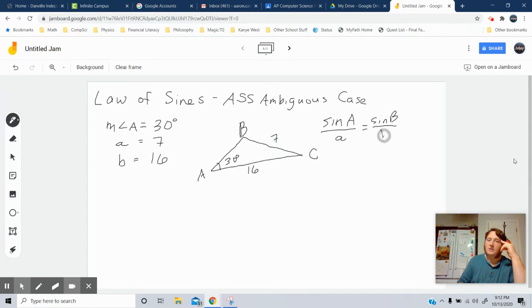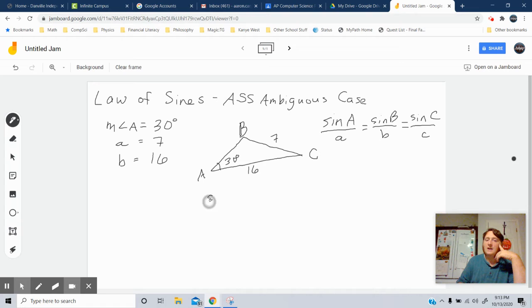You don't use all three parts at once. You think about what you know and try to use two of the three parts to solve. We know side length a and angle A, and we know side length b, so we would use a version that uses the a's and the b's.